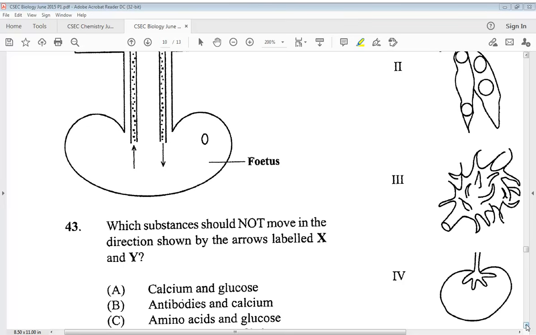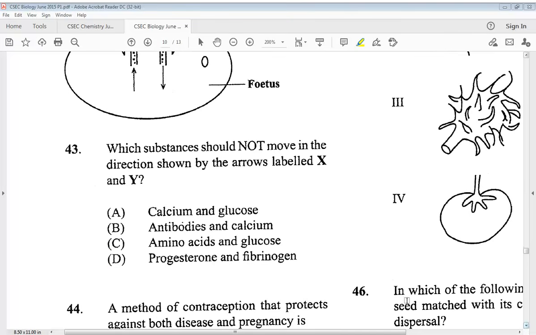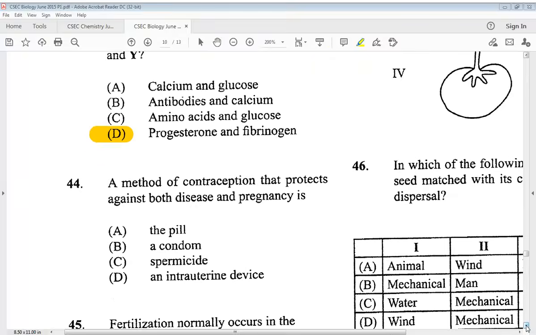So the answer for 43 is D. 44 says, a method of contraception that protects against both disease and pregnancy is, the answer for 44 is B, a condom.